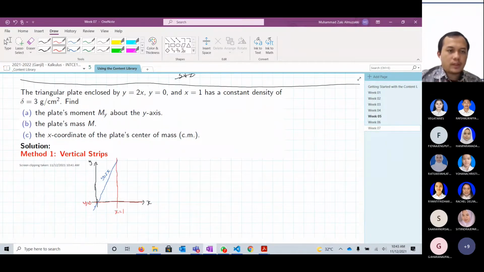So we have the plate to be this shaded green plate.